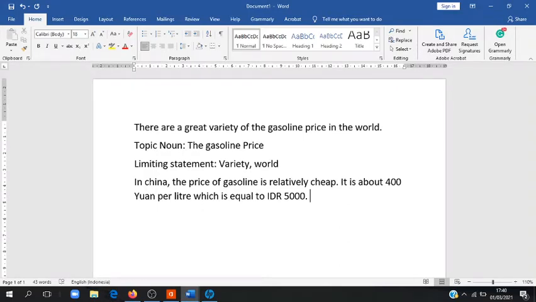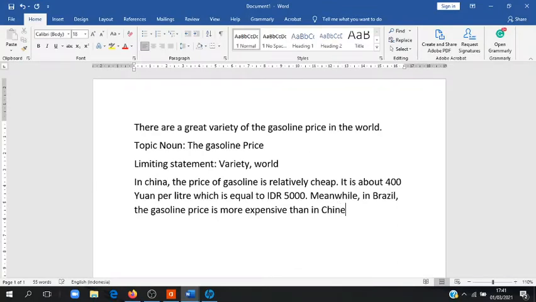So for example, you are going to talk about the price of gasoline in Brazil. So you type the second idea. Meanwhile, for example, use the connector. Meanwhile, in Brazil, the gasoline price is more expensive than in China.